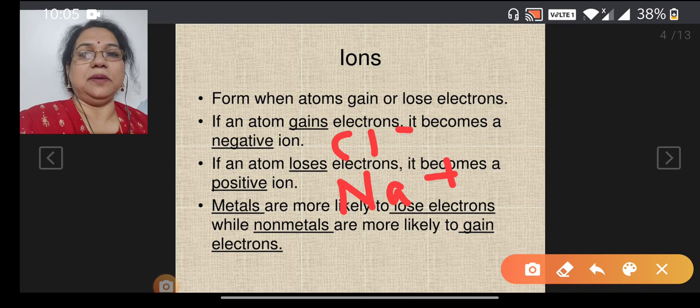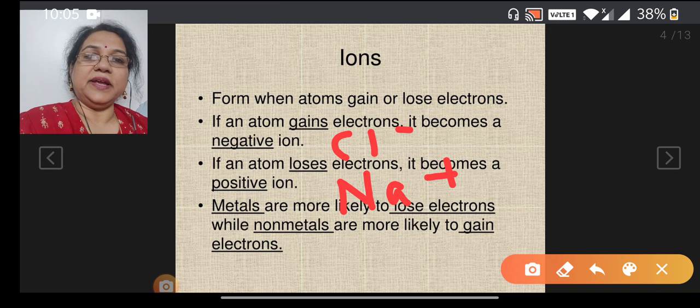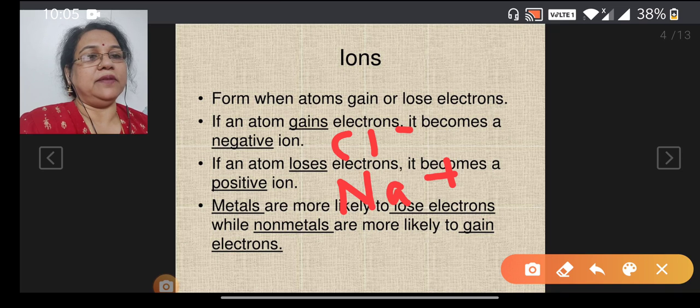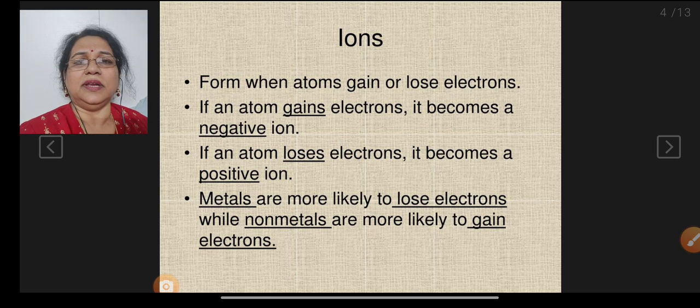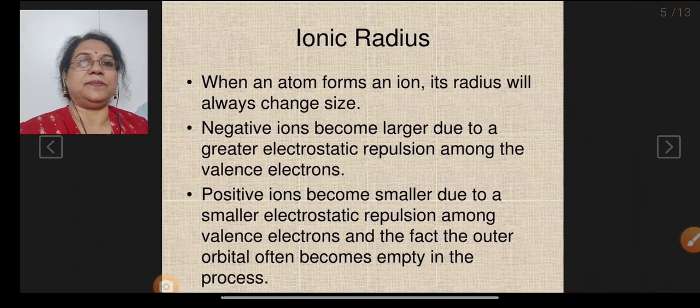These are the two examples for cation and anion: Na plus is a positive ion, Cl minus is a negative ion. Metals are more likely to lose electrons, for example aluminium, sodium, calcium, while non-metals are more likely to gain electrons.